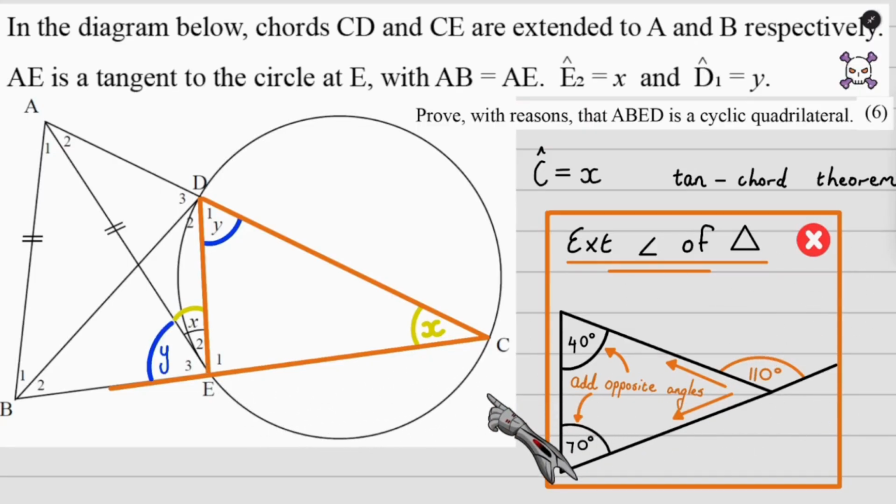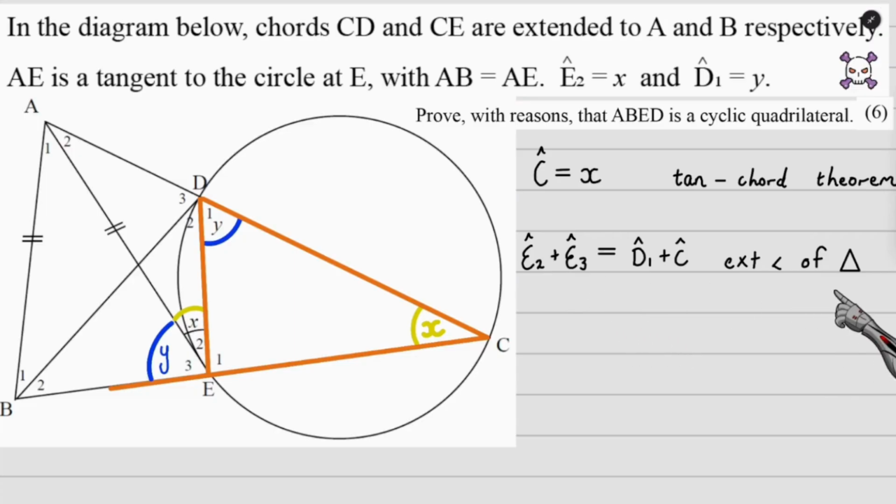It's a little bit tricky to write that up, so I'm going to walk through that quickly. Let's have a look at what we're going to say first. We're firstly going to say D1 plus C equals E2 plus E3, exterior angle of triangle. And once we've got that written down, we know that D1 is Y and we know that C is X. We proved that in the previous question.